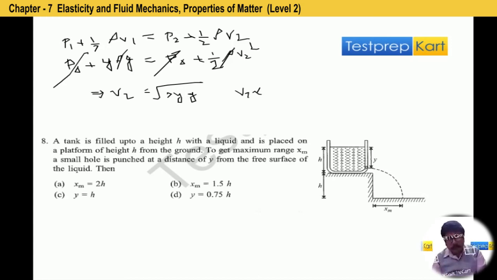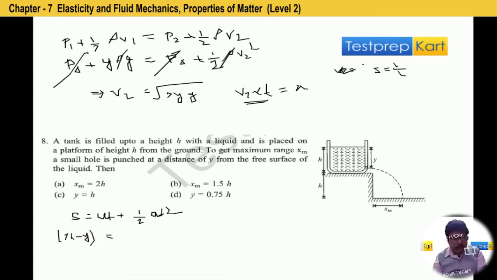Now if I use distance S equal to V into T, we need to find the distance, suppose x. Now we need to use the formula S is equal to ut plus half at square. Here S is 2h minus y, u is 0.